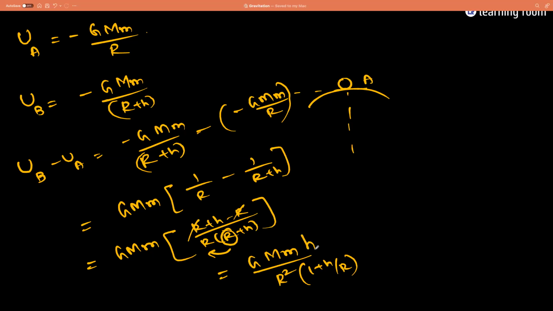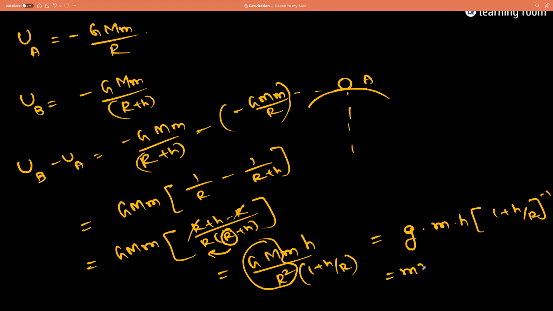Right. Now see, what is the GM divided by R square? Small g. Into m into h is also there. And can I write this as 1 plus H by R to the power of minus 1? Yes, sir. Okay.